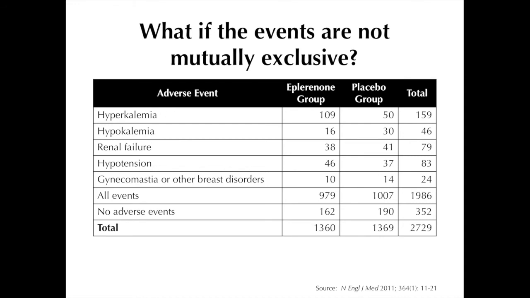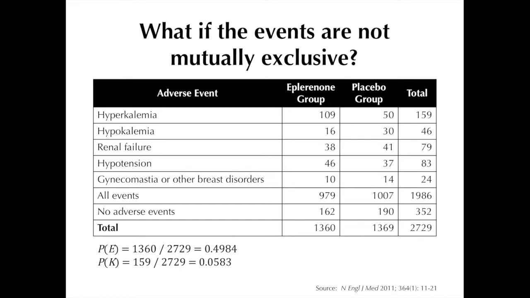From the table, the probability of being in the eplerenone group is 1,360 over 2,729, or 0.4984. And the probability of having hyperkalemia, which we will designate as K, is 159 over 2,729, or 0.0583.